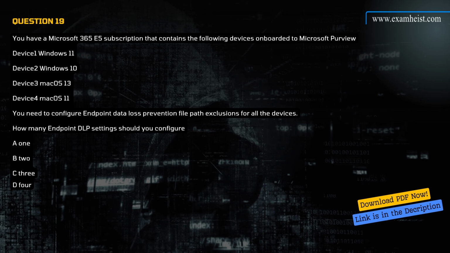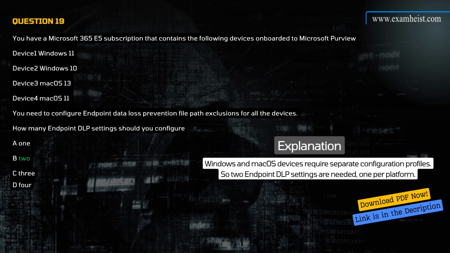How many endpoint DLP settings should you configure? A. 1, B. 2, C. 3, D. 4. Correct answer is B. Explanation: Windows and macOS devices require separate configuration profiles. So 2 endpoint DLP settings are needed, 1 per platform.